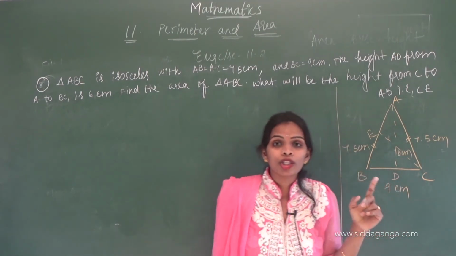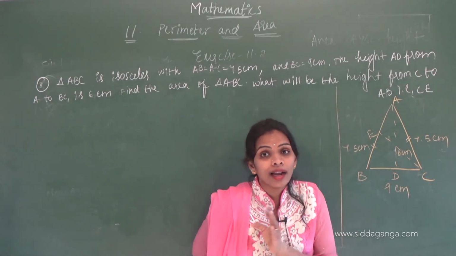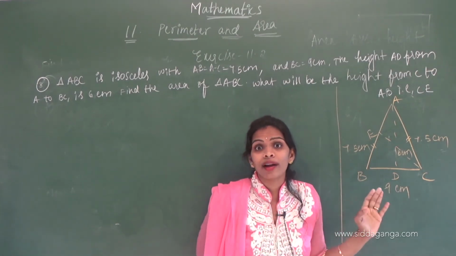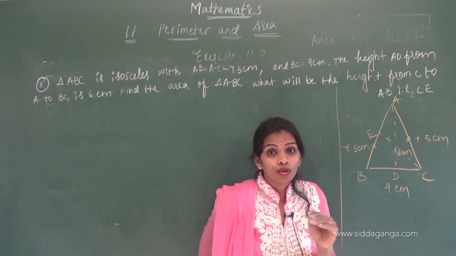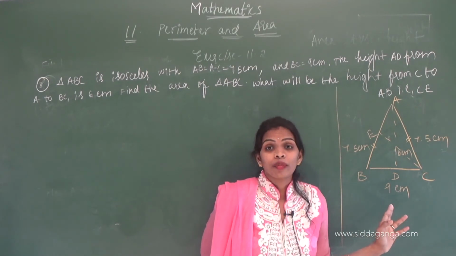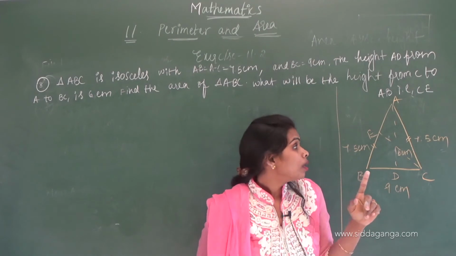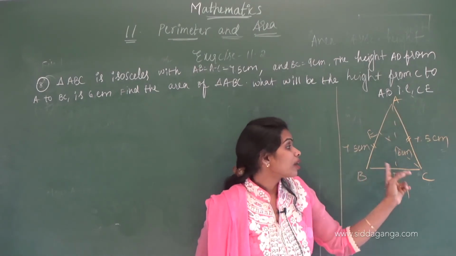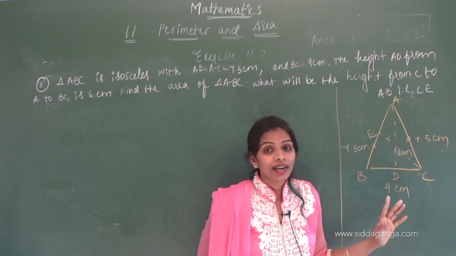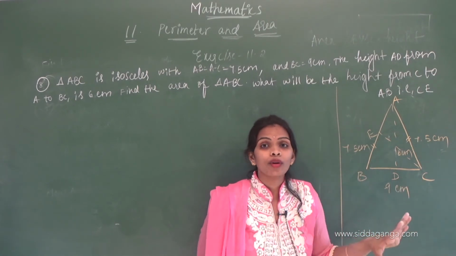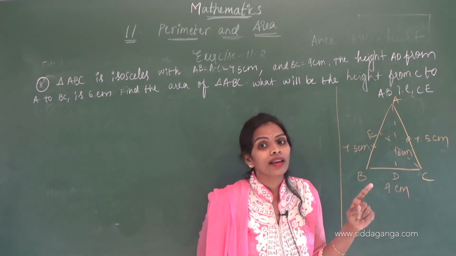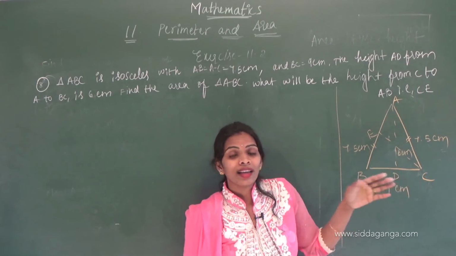Just remember, children, the perpendicular height, the altitude, does not divide the opposite side into two equal line segments, because only a median will divide the line segment. It is not dividing BC into two equal parts. In an equilateral triangle it will, but we can't say that in every case.